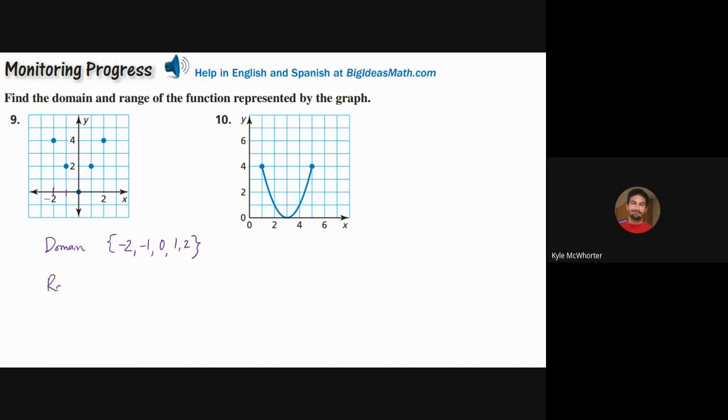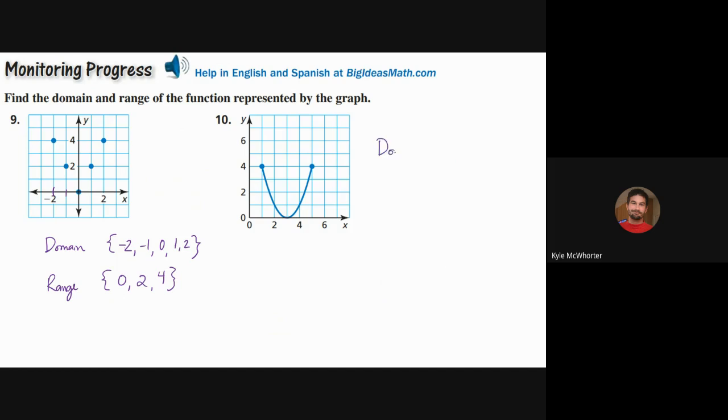The range, the lowest y value we have is 0. We have a couple of points that have a y value of 2. We have a couple of points that have a y value of 4. Those are the only 3 options for y values. So that's the domain and range for number 9 here.